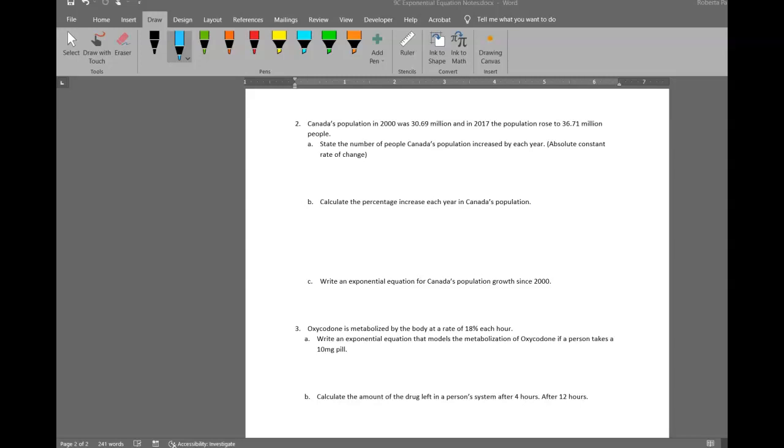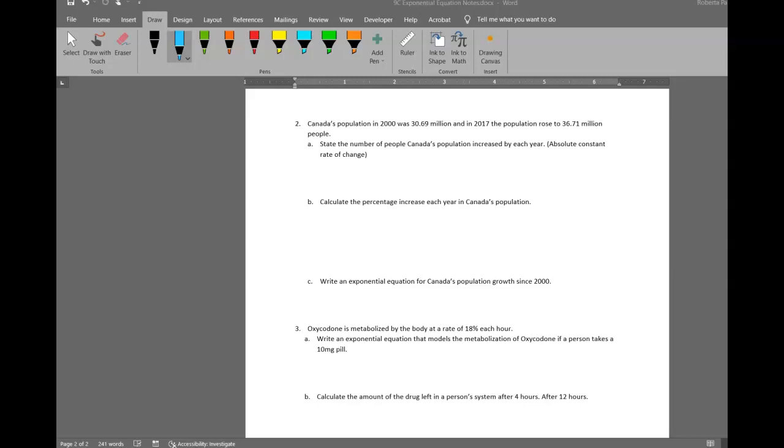All right, now let's look at another situation, both a little bit linear and mostly exponential. Canada's population in the year 2000 was 30.69 million people, and in 2017 the population rose to 36.71 million people. So this time, state the number of people Canada's population increased by each year.